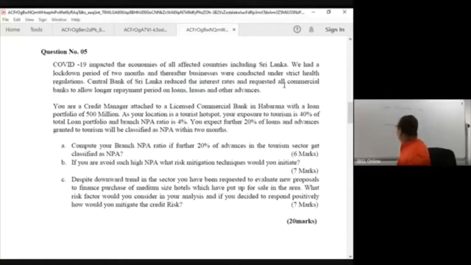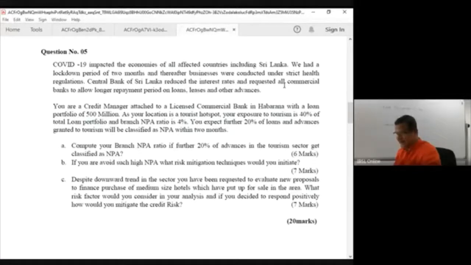Branch has an NPA of 4%. So your NPA is 4% of 500. We are so used to calculations, so let me put my calculator and give you the correct figures.